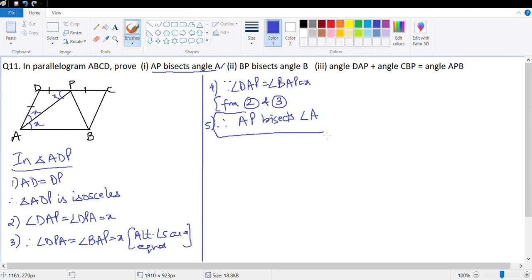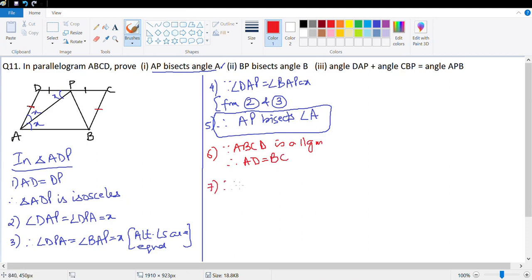This is the first part that they wanted us to prove. We can do a similar thing for the next triangle, which is CPB. Now AD will always be equal to CB because this is a parallelogram. So let's write that down. Since ABCD is a parallelogram, therefore AD is equal to BC.